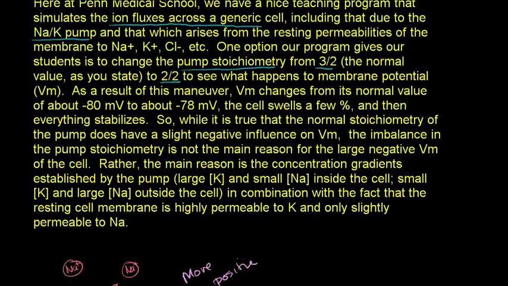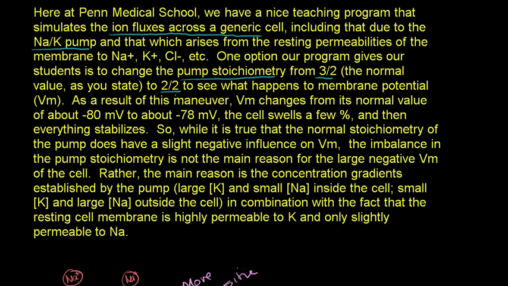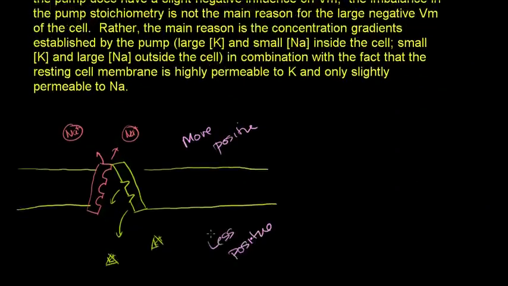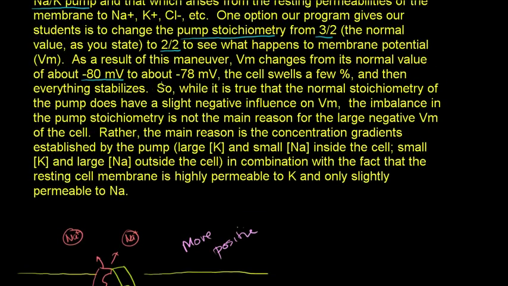But he goes on to say, they could change it to 2 to 2 in the simulation. As a result of this maneuver, the membrane potential changes from its normal value of about -80 millivolts, and they measure that. They take the voltage here minus the voltage there, so that you get a negative number. This is more positive. It's a larger number. So it changes from -80 millivolts to about -78 millivolts.